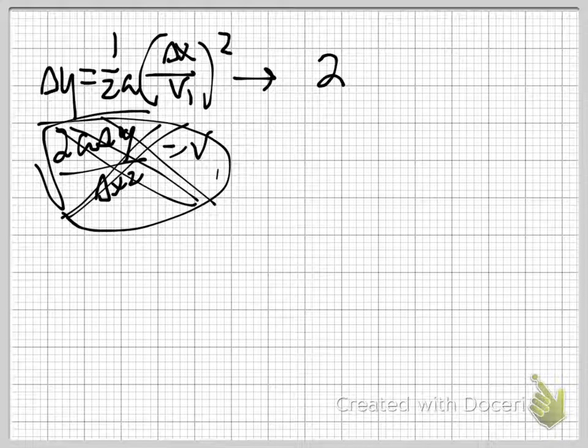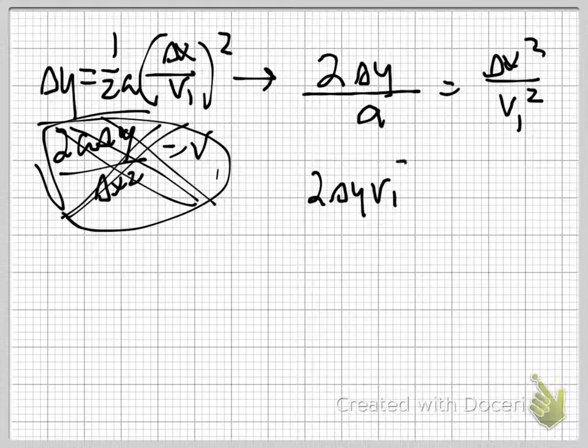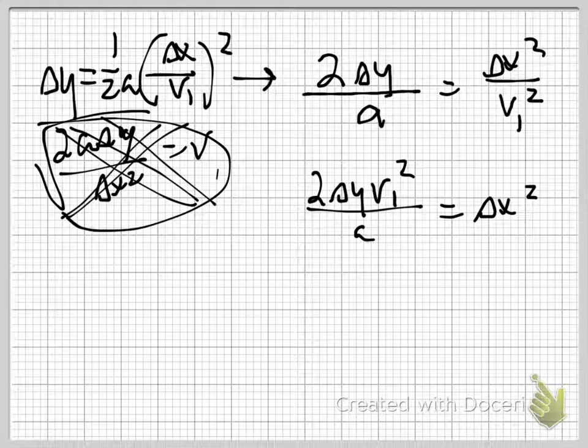So 2 delta y, sure. But we divide by a, so now we're down to delta x squared over vi squared. Because here we were multiplying by a, so we have to divide by a to move it to the other side. So now we would have 2 delta y vi squared over a equals delta x squared.